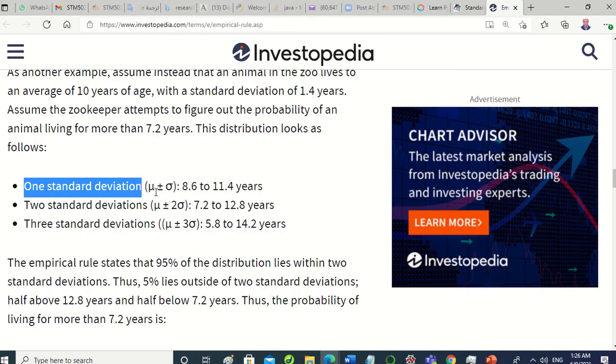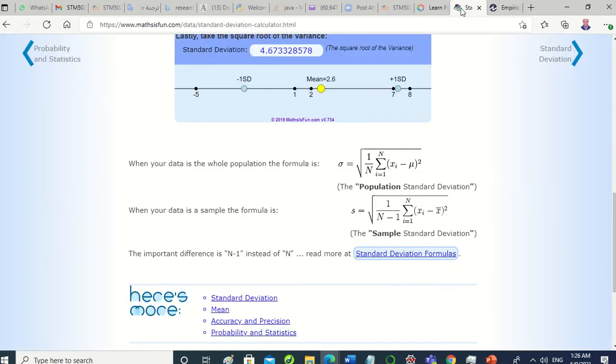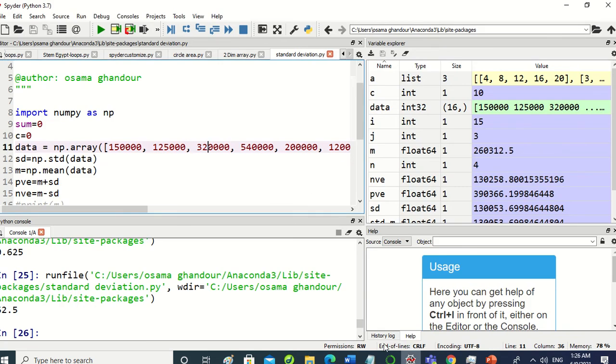This mu, which is the mean, and this sigma, which is the standard deviation, STD, calculated from this equation. Then we will calculate m plus standard deviation, STD, which is the positive peak, and calculate m minus STD, which is the negative peak.